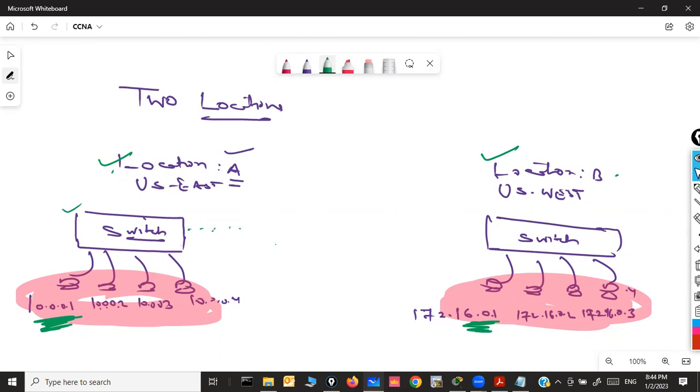Networks can even be on different continents, maybe one network in East Africa, another in West Africa, one in America, another in Asia. It is not possible for any organization or company to do the physical connectivity, because they are very far from each other.